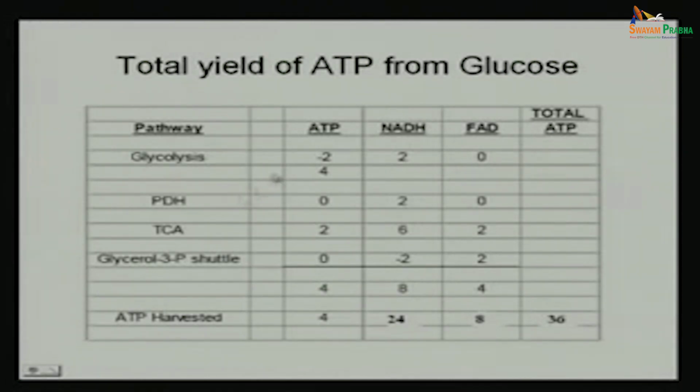And here, if we see the total energetics, how many ATP molecules are produced from the glycolytic process, because this is the ultimate step of respiration.